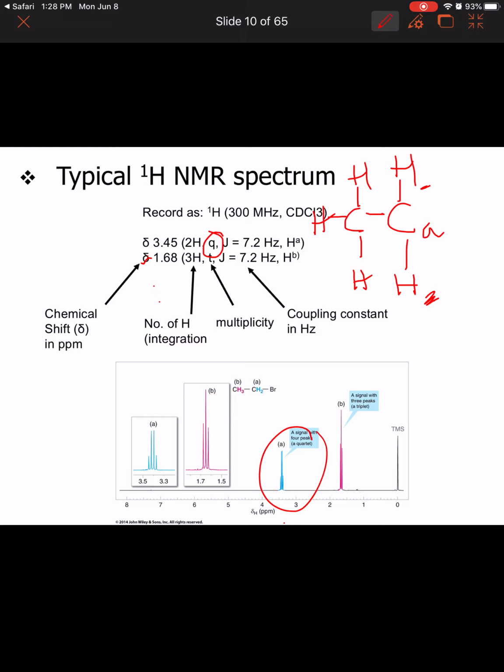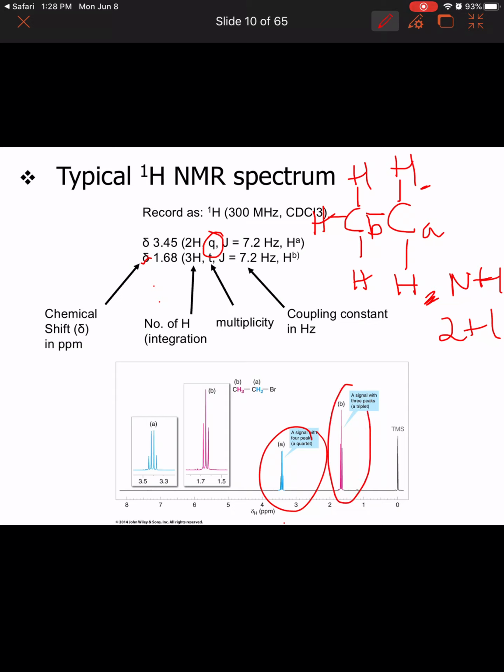And then if you go to carbon B, there are 3 hydrogens on carbon B. But these 3 hydrogens on carbon B are going to split due to the 2 hydrogens on carbon A, using the n+1 rule. So there are 2 hydrogens on A, so 2 + 1, 3. And that's going to be a triplet.